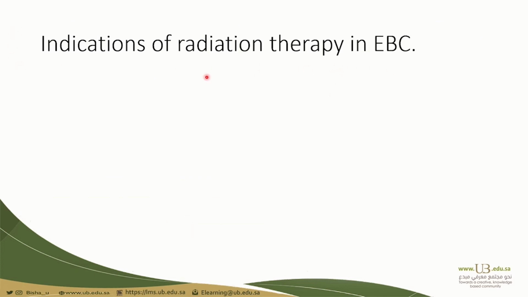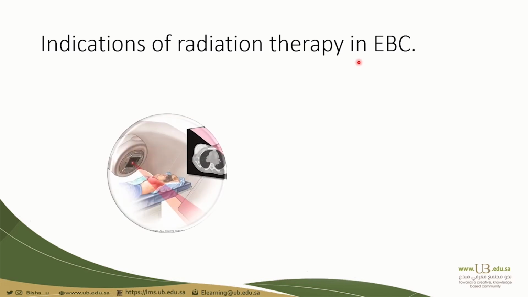What are the indications of radiation therapy in early breast cancer? So we talked about the indications of chemotherapy, we talked about types of surgery, and here we will talk about the indications of radiation therapy in early breast cancer patients. As we know, the radiation therapy is external beam radiation, which will go to the breast.